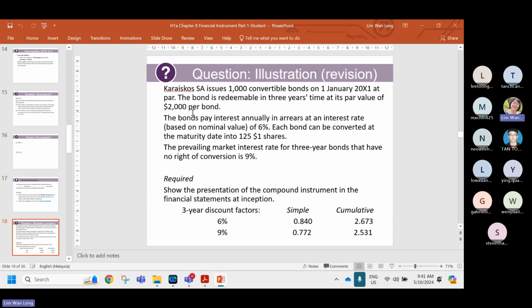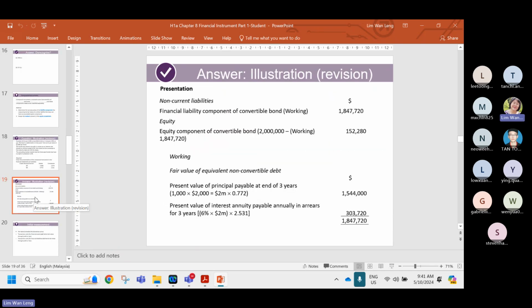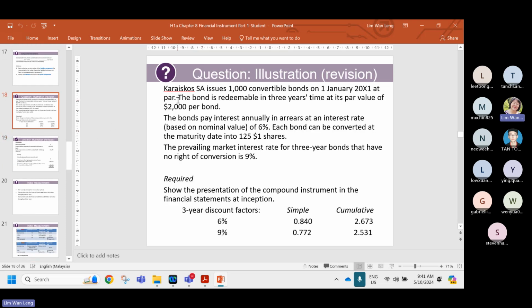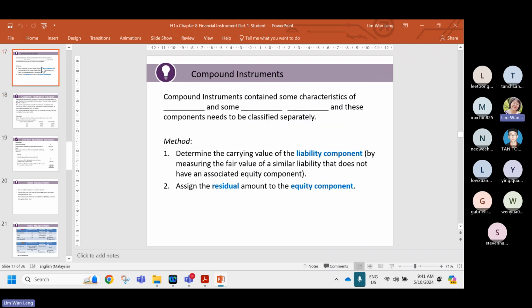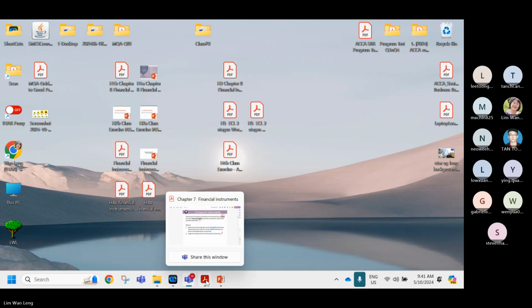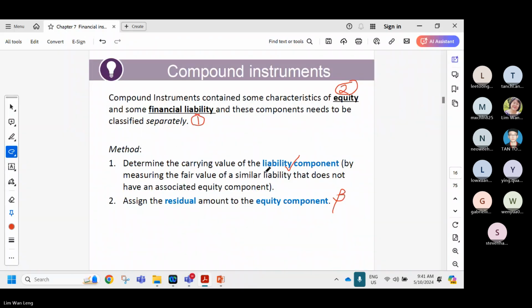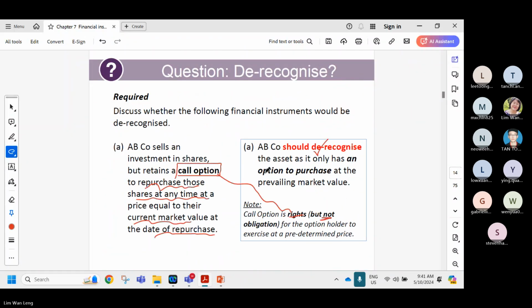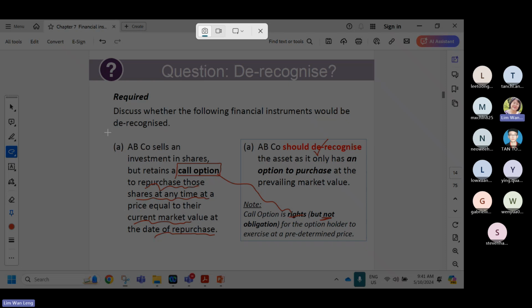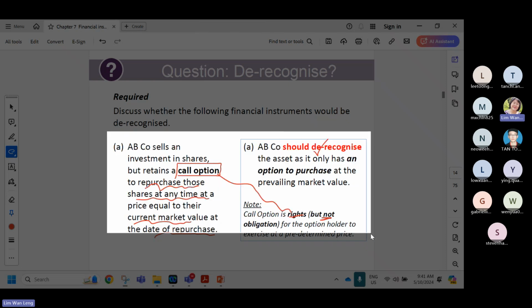Okay, now for the moment, while I take down the screenshot to fill in the blanks, you just have a look at your CRICOS SA. Okay, just give you the answers to the earlier part. Just have a look at the compound instrument illustration first.